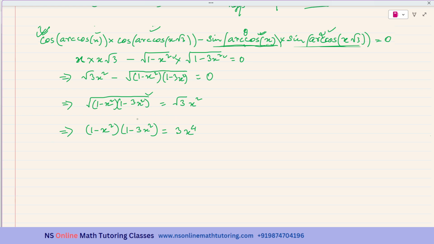So we expand the left hand side. It is 1 minus 3x square minus x square plus 3x to the power of 4 equal to 3x to the power of 4. So we can subtract 3x to the power of 4 from both the sides.